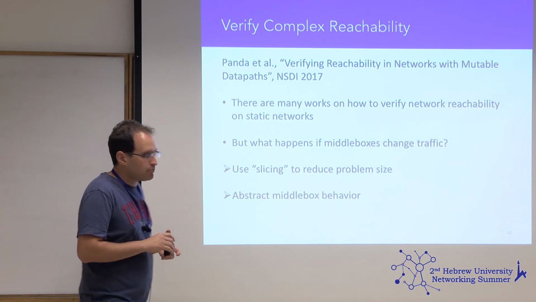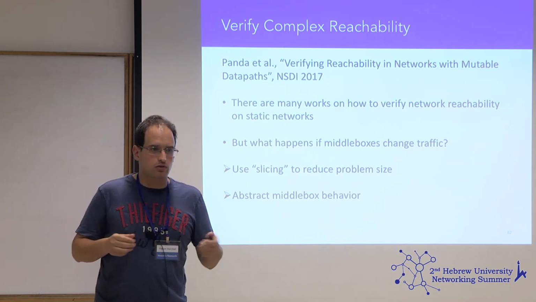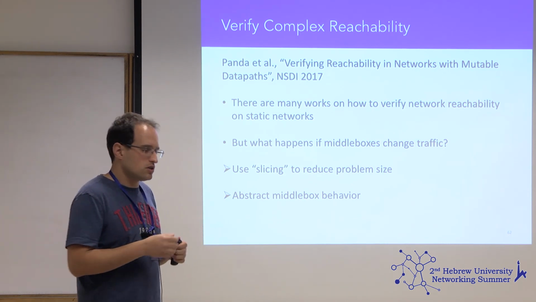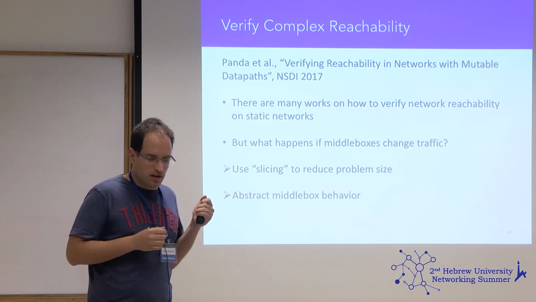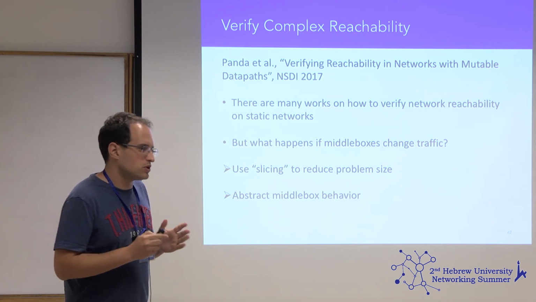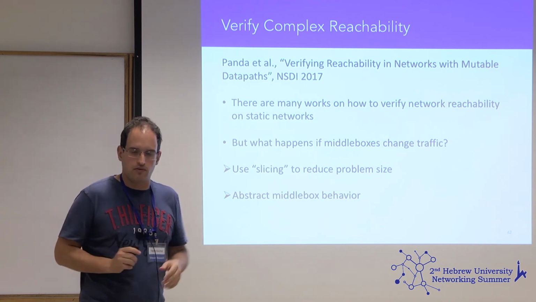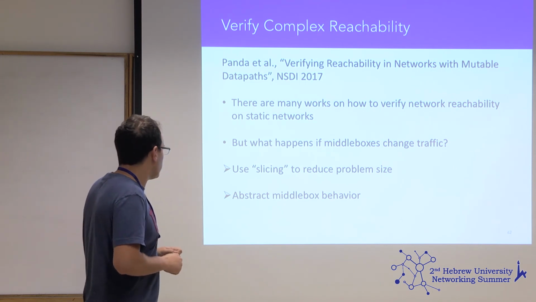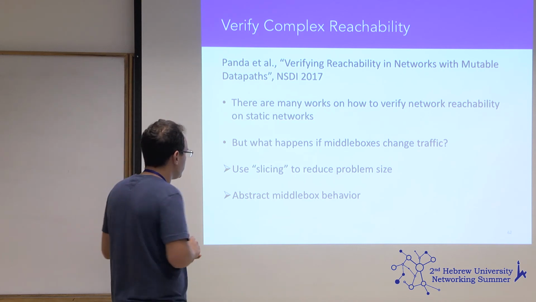One of the big problems they had was how to scale it to bigger networks. It's not a simple solution, and scaling it to a large network was not trivial, because the data structures and so on were very big.